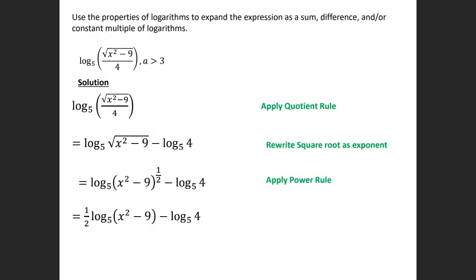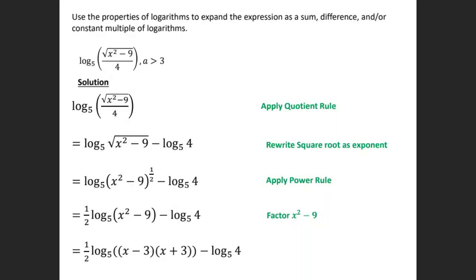But guess what? We are not done. We can rewrite this as a different format. This x squared minus 9, this is a difference of squares again. It's another example of difference of squares. I can rewrite that as x minus 3 and x plus 3, okay? This is this factor. So now you see that I have a log of base 5, that I have two things that are being multiplied. Now I can apply my product rule.